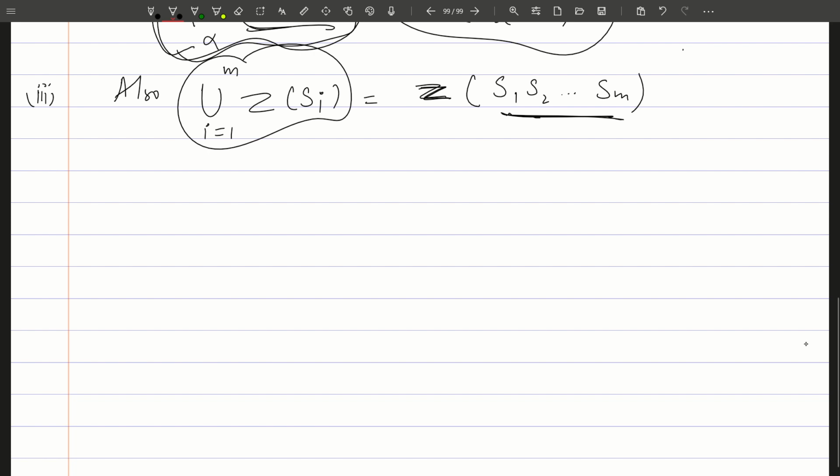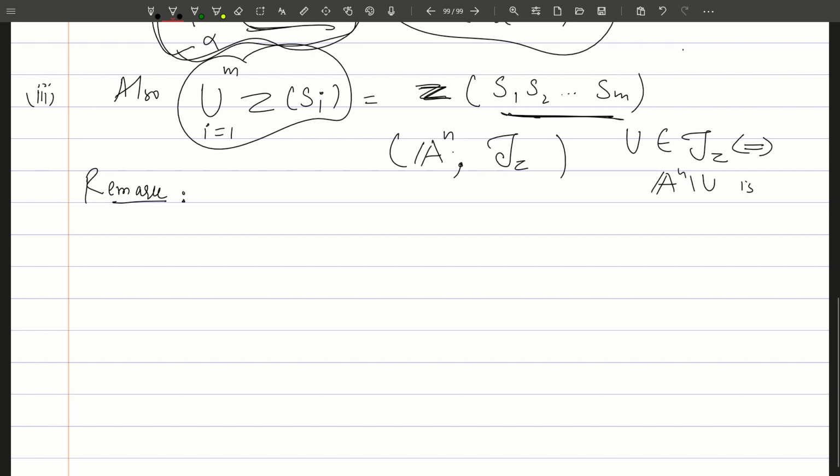Let us make a remark here. So if we declare these algebraic sets to be the closed sets with respect to some topology on An, so we have the space An, and if we collect all subsets of An, let's take Tz over here, a set U is in Tz if and only if the set An minus U is an affine algebraic set, then this is a topology on An, and this topology is called the Zariski topology.